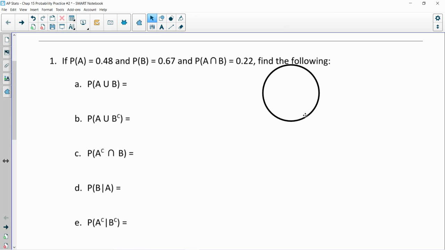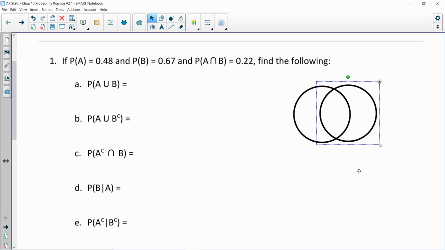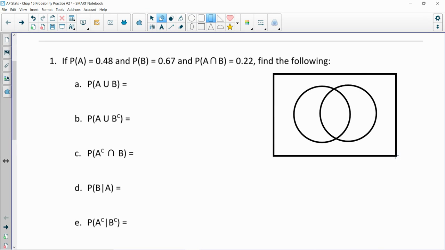And you have your tools on your left toolbar there where you can create your various shapes. So why don't you go ahead and use that and make yourself a Venn diagram, as I'm doing the same here in the Smartboard software.